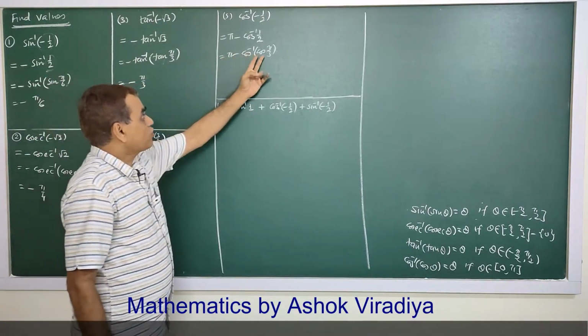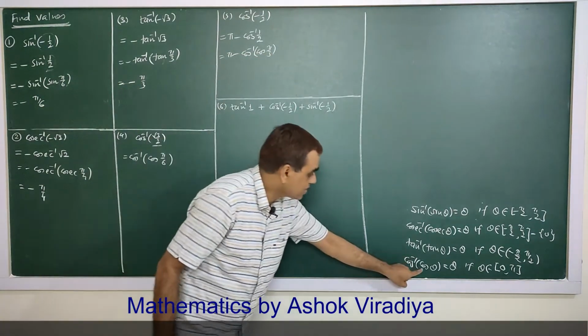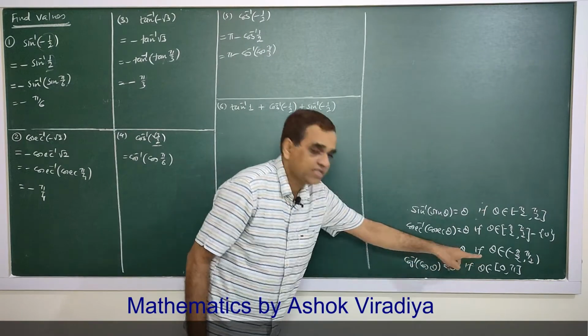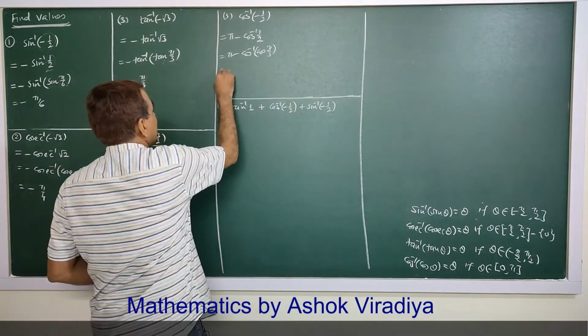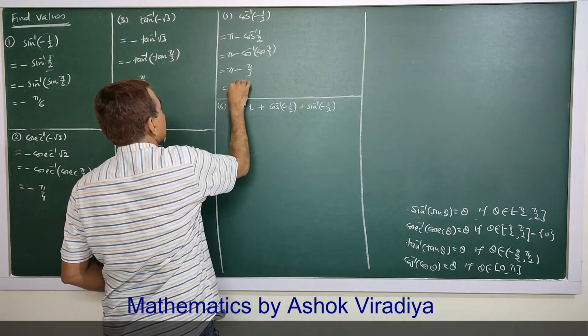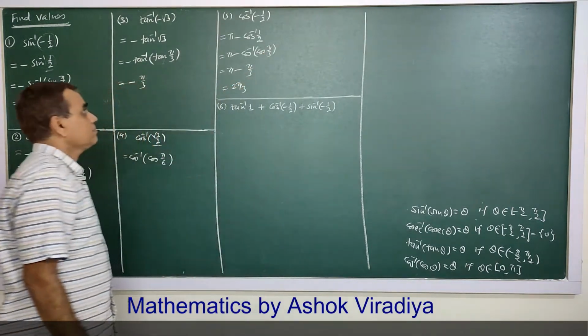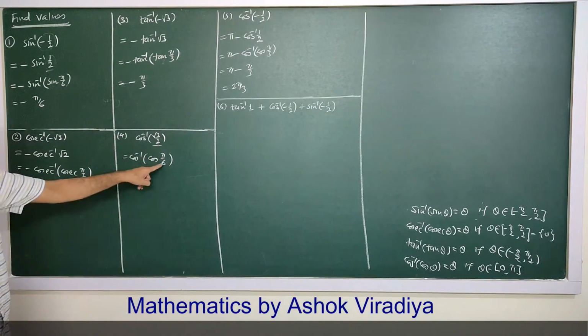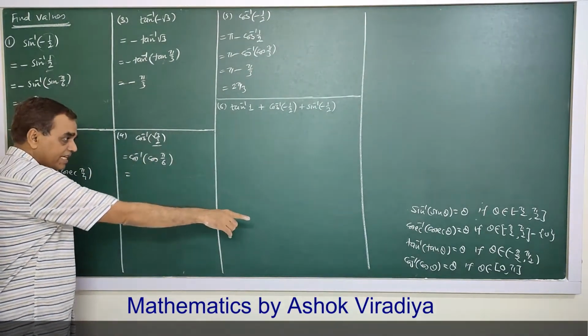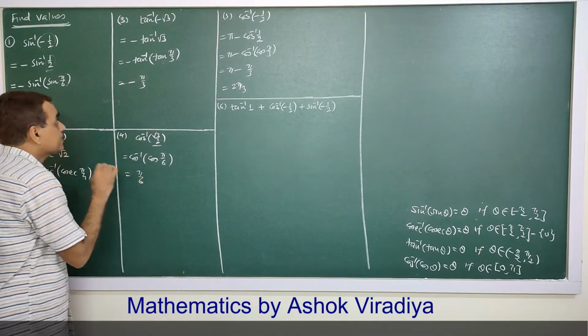Cos inverse cos pi by 3 is pi by 3 because pi by 3 is in that interval. So pi minus pi by 3, so this is 2 pi by 3. Here cos inverse cos pi by 6, again by the same rule it is pi by 6.